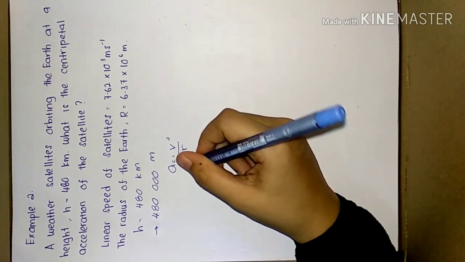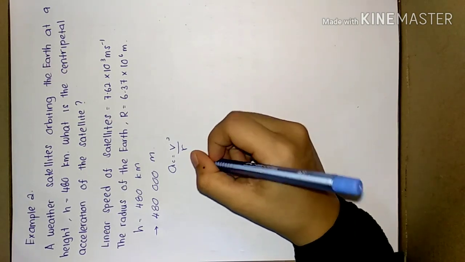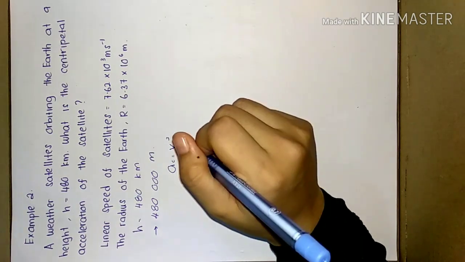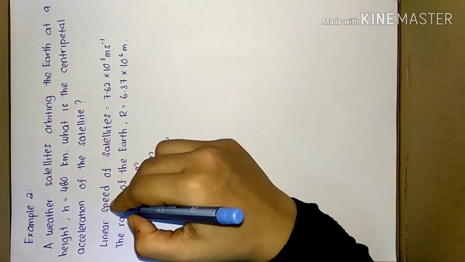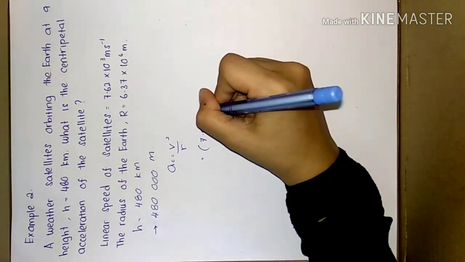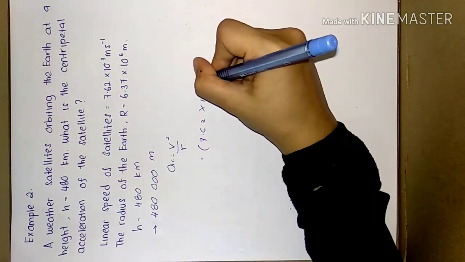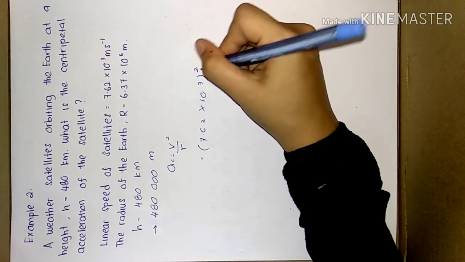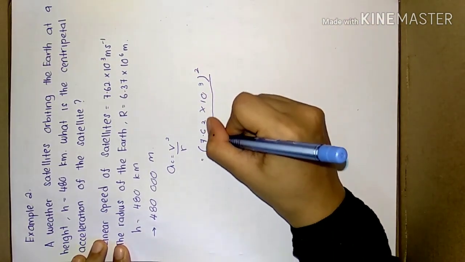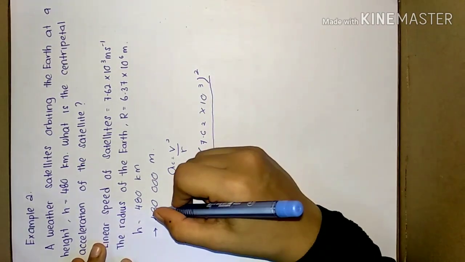Okay, so everything is in the correct SI unit now. Let's put everything in the formula. For v, the linear speed, we have 7.62 times 10 to the power of 3, and remember to put the square here. And we have a radius that we already found.